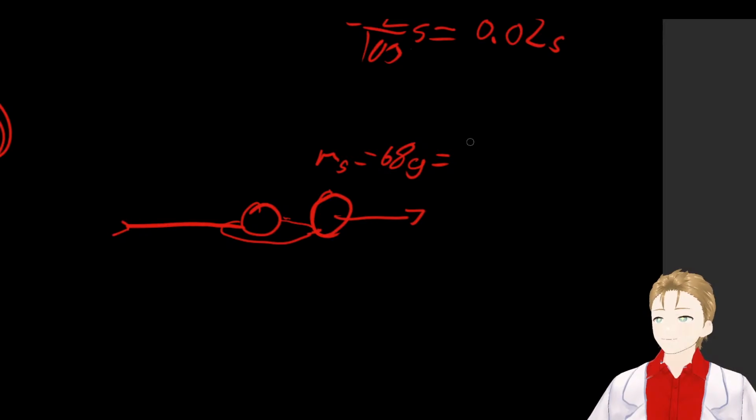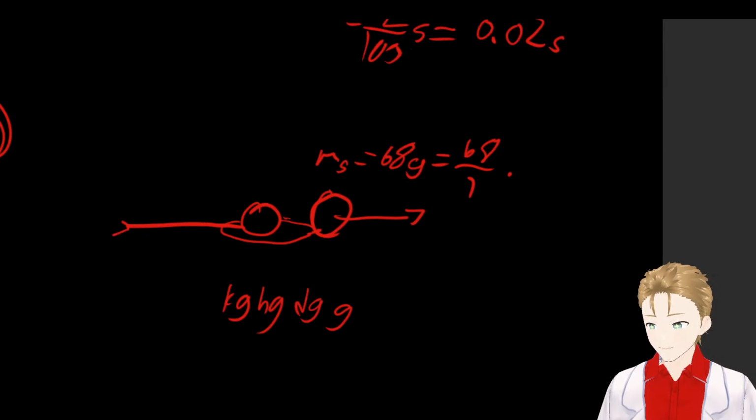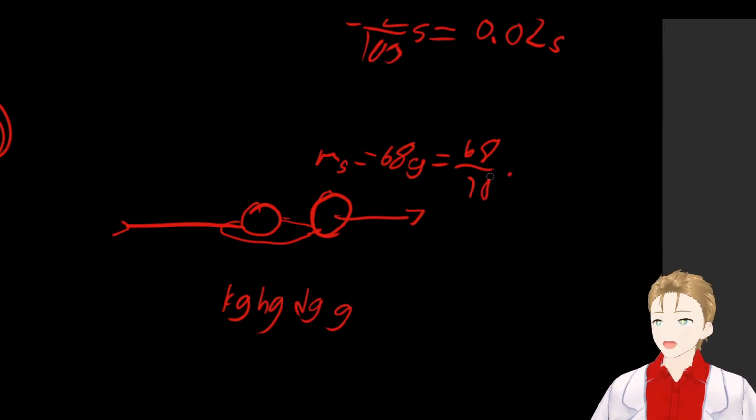So it's 68 over 1 times gram, decagram, hectogram, and then kilogram. Let me just check that. Where's one? I never have my table. Yeah, there's a deca, then there's a hecto, and there's a kilo. So it's 1, 2, 3.